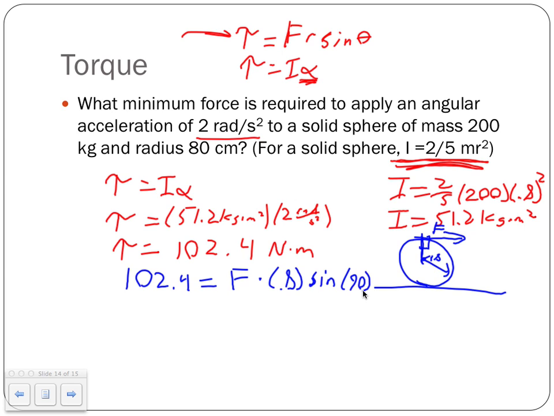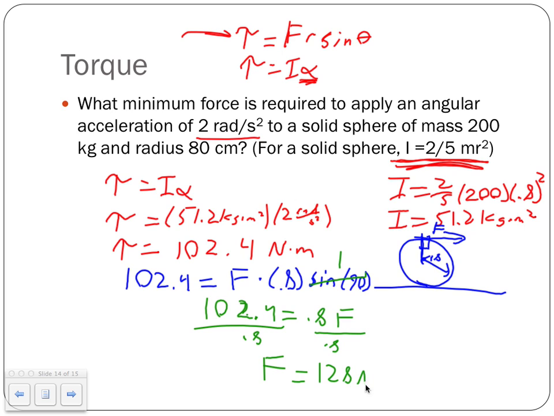Sine of 90 just turns into 1, and so 102.4 equals F times 0.8. So 102.4 equals 0.8 F. Divide both sides by 8/10, and we have to apply a force here of 128 newtons when you take 102.4 divided by 0.8.